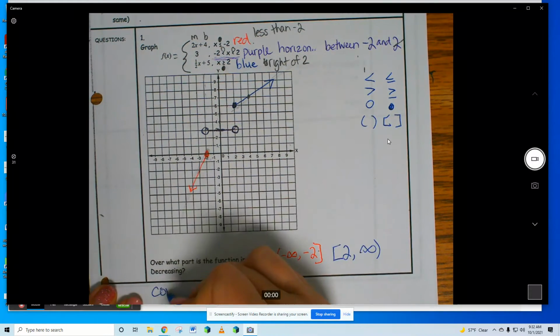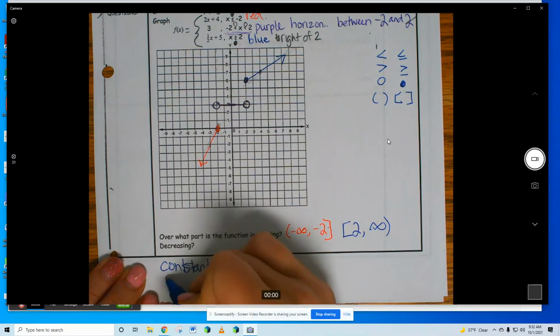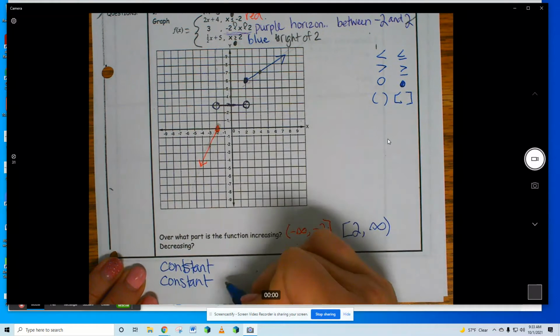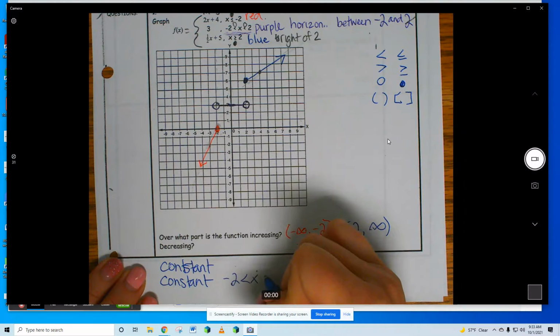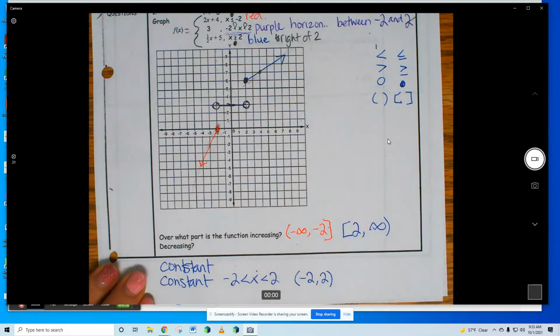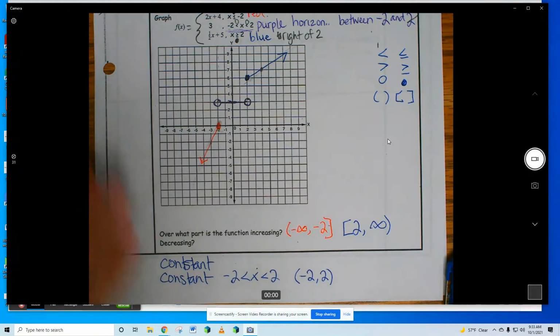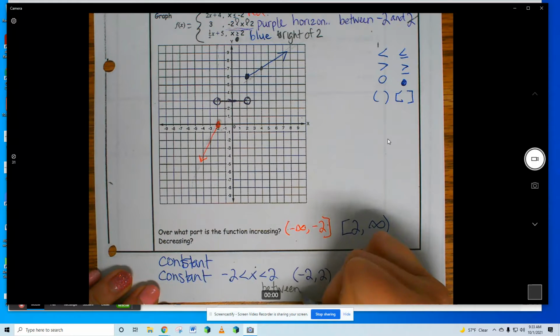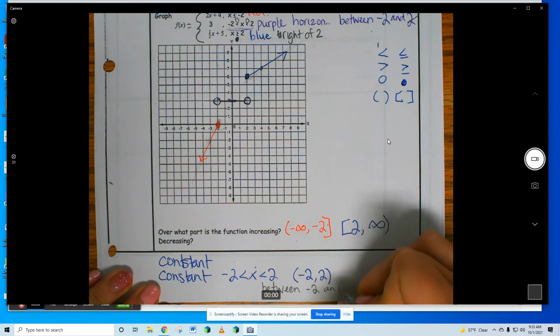It doesn't ever decrease. Constant, sorry, I spelled it wrong, constant, between -2 and 2. Or I could write it like this, parentheses, because it's a closed circle, I could write it like that, between -2 and 2.